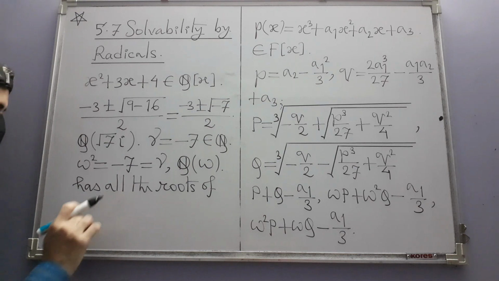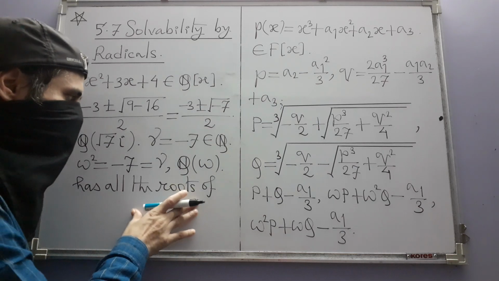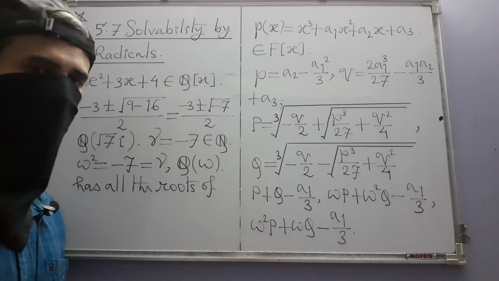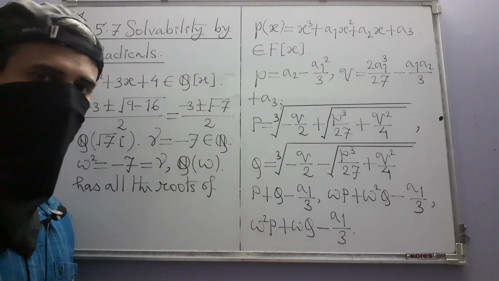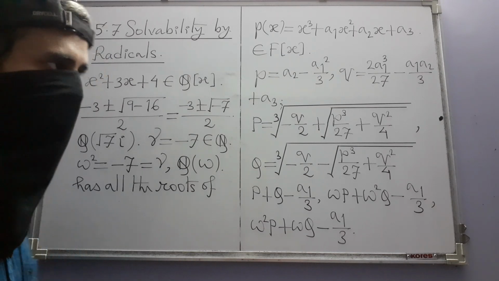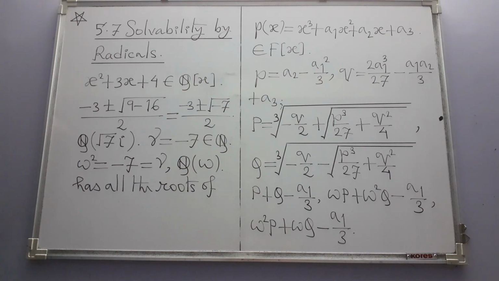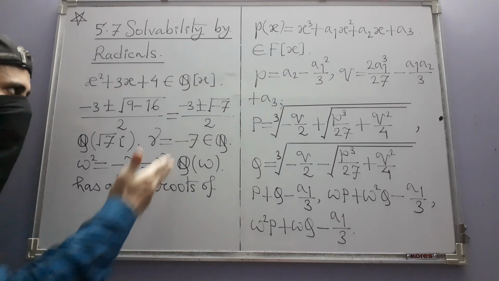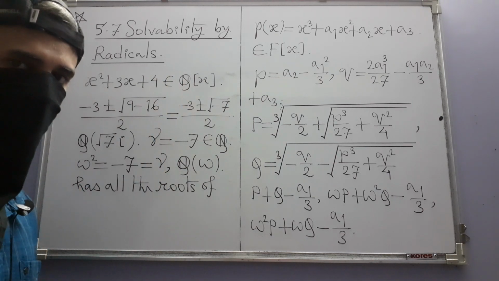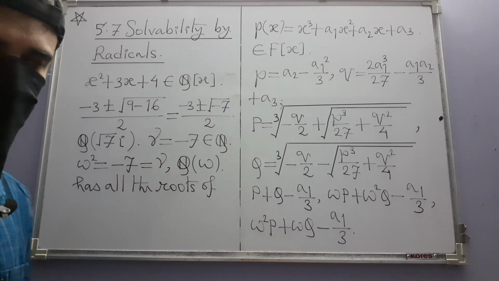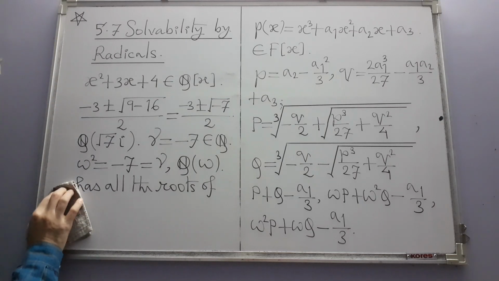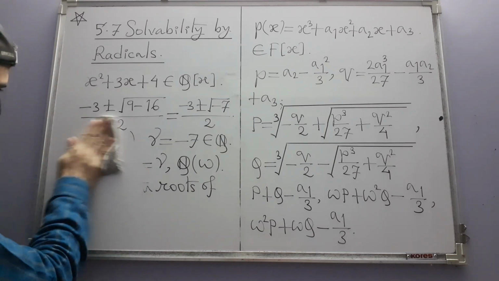Now, we are of course not going to consider specific polynomials like this, but we will consider general polynomials. And that too not over the field of rational numbers necessarily, but over any field actually. Let us do that and see what we can say about that.